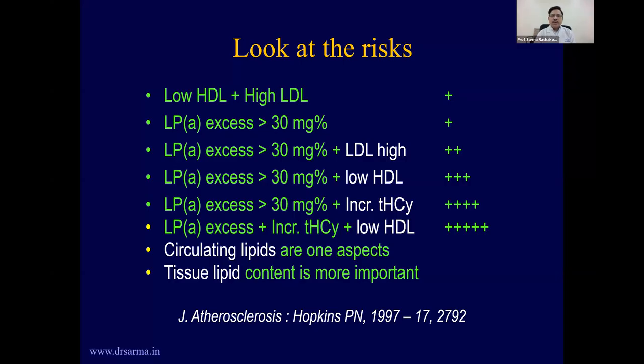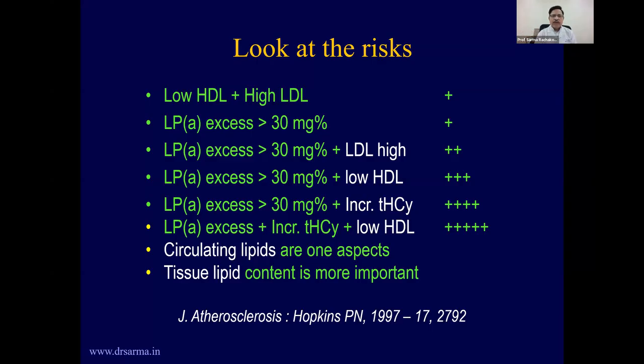LPA more than 30, low HDL, 3 plus. LPA excess more than 30, increased total homocysteine, 4 plus. LPA excess, increased homocysteine plus low HDL, 5 plus. That means all are additive in their risk. LPA, low HDL, high LDL, homocysteine are additive in their risk.